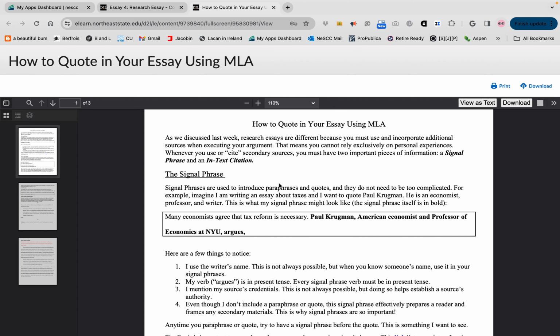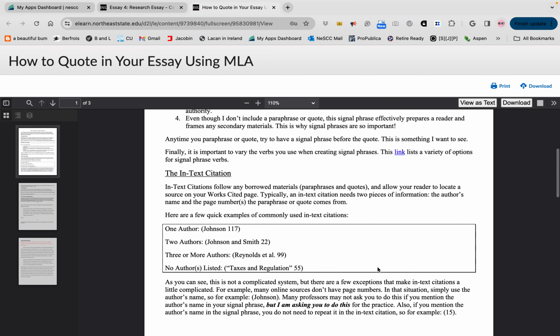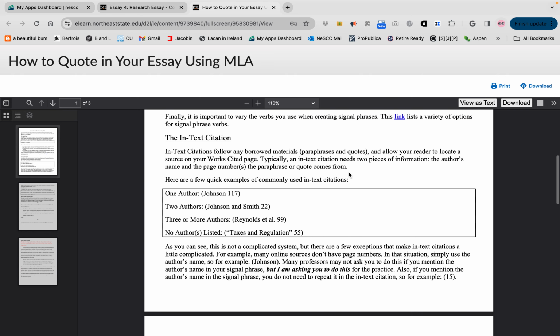Now, after the borrowed material, whether it's a direct quote, a paraphrase, or a summary, you need something called an in-text citation. And I explain what those are here. Basically, an in-text citation is the author's last name, and if you know the page number or numbers, the page number itself.